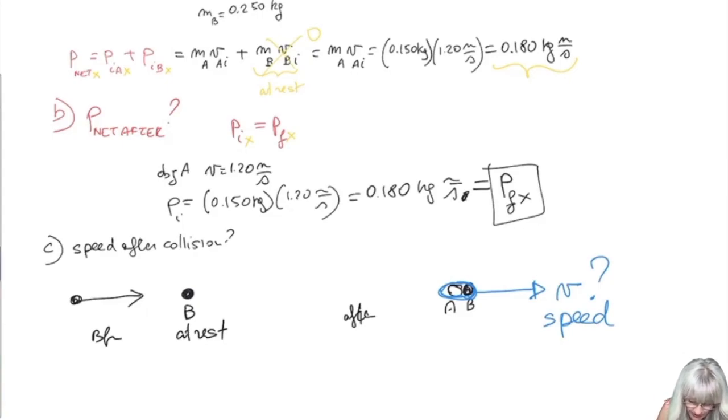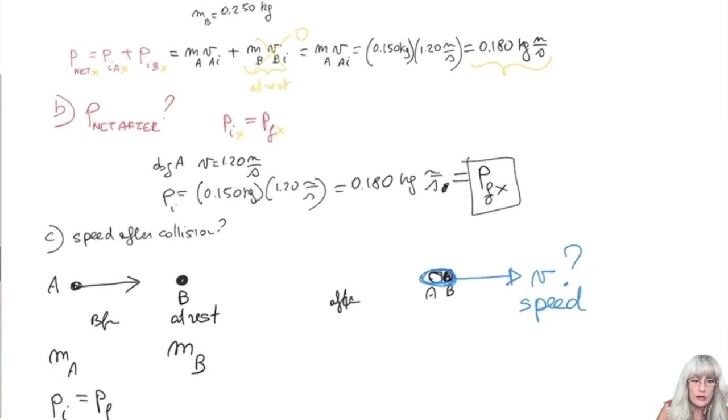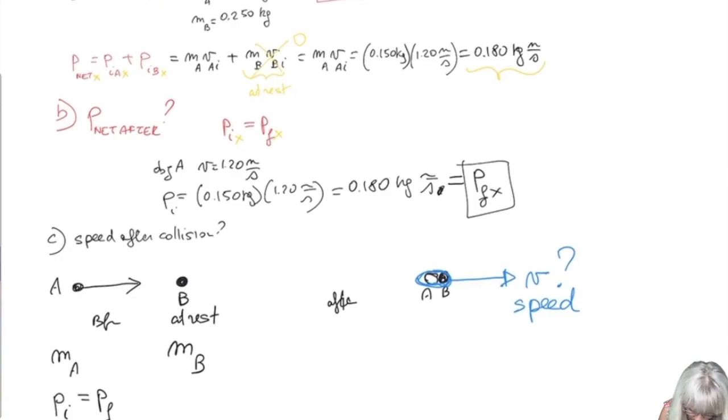So what do we have here? We have object A, which has a mass. Object B, which has a mass. I know that in this case, P initial equals momentum final. We computed it before. Why? Because B is at rest and the value is the very famous kilogram meter per second.